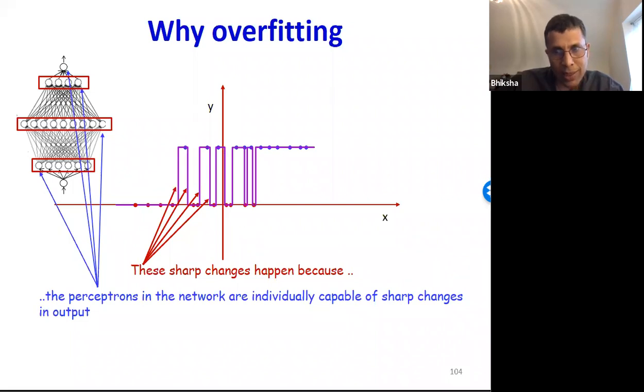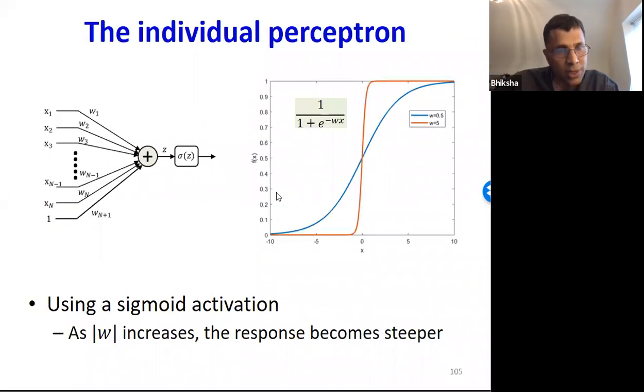And the reason they can do so is this: consider a single perceptron with just a sigmoid activation. It gets worse with other activations, right? Now a sigmoid activation can look like this blue curve. It can also look like the red curve. The larger W is, the steeper the sigmoid activation is going to be.